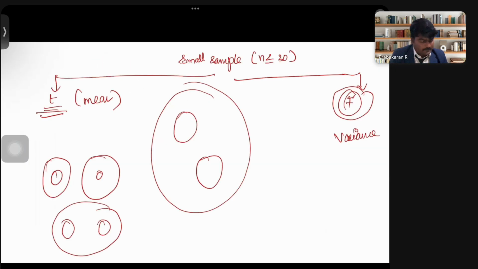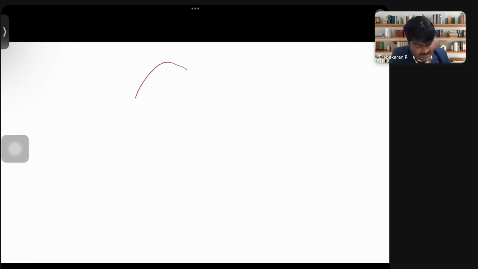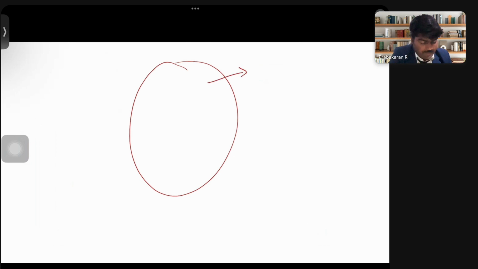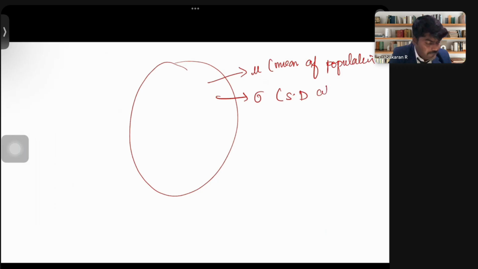Now we'll quickly recollect the notations. The whole bigger set is the population, and mu is the mean of the population, and sigma is the standard deviation of the population.